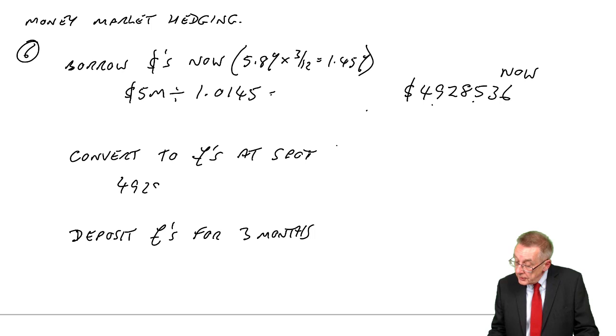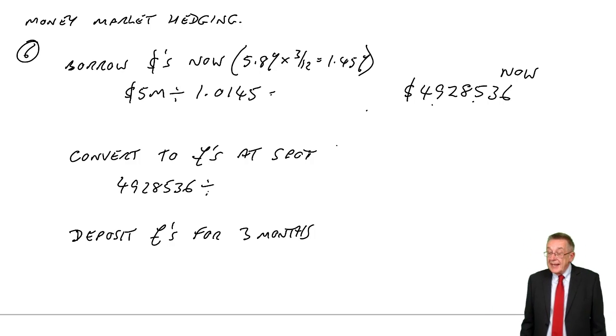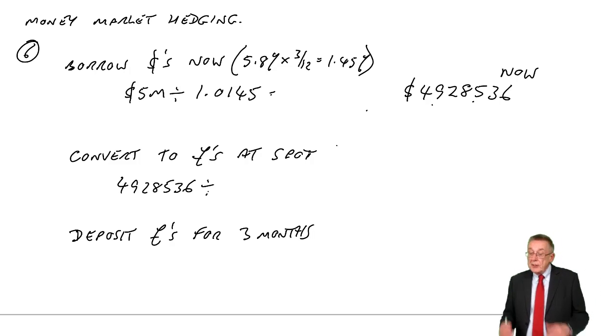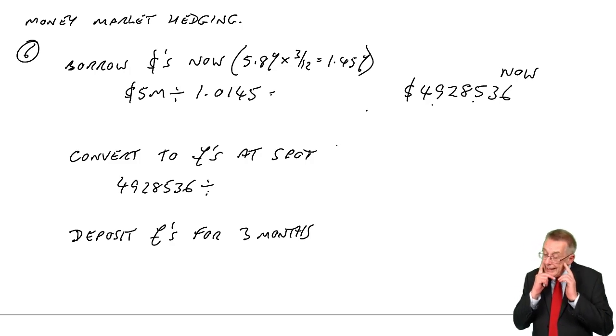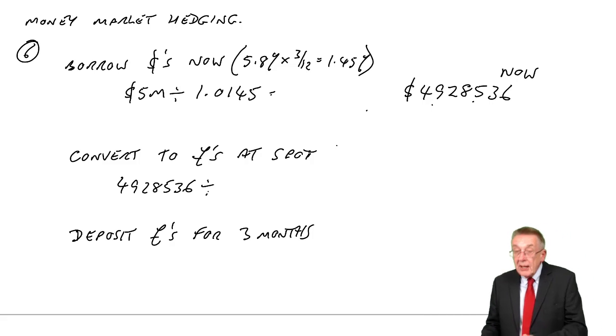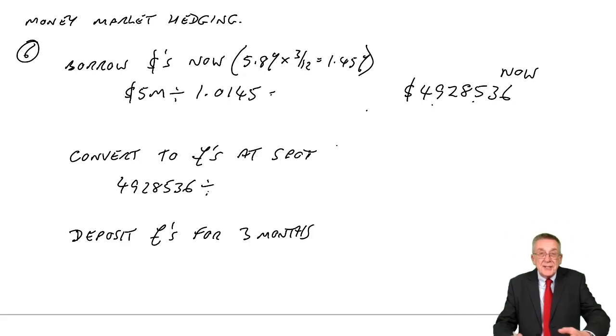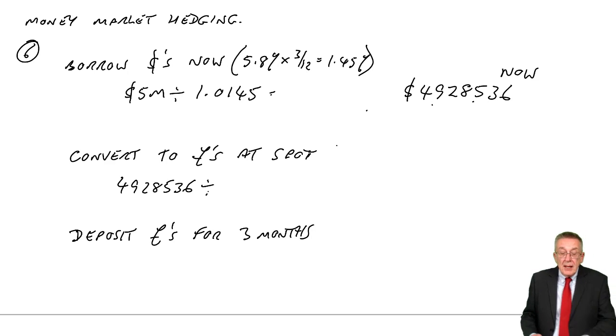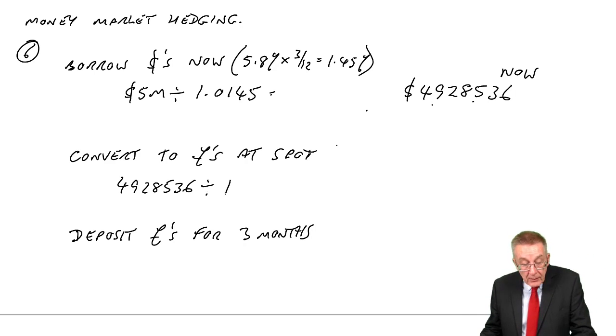So $4,928,536. The spot rate today, well, 1.5384 to 1.5426. Which rate am I going to use? We've got dollars, so I'm going to sell dollars to convert into pounds. The dollar sell rate, 1.5426.